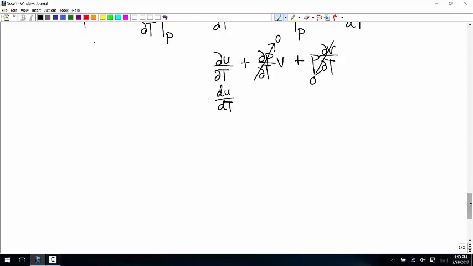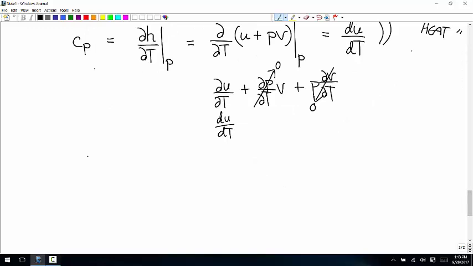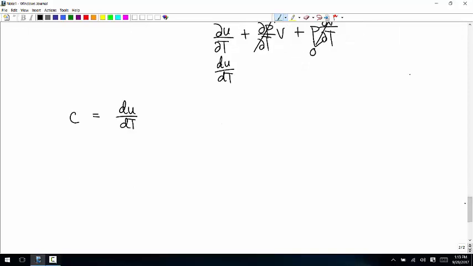And so now that you have this written as a total derivative, this specific heat is just equal to du d temperature. Now you can use that to find the changes in temperature that correspond to a change in internal energy or vice versa. So here's the kind of thing you can do with that.